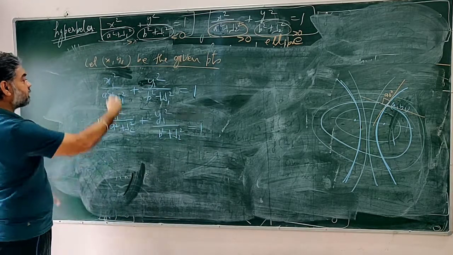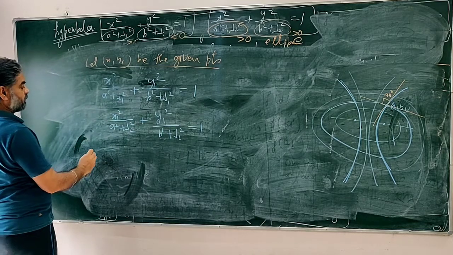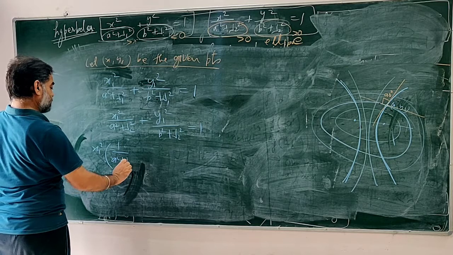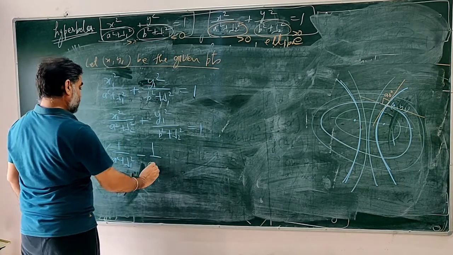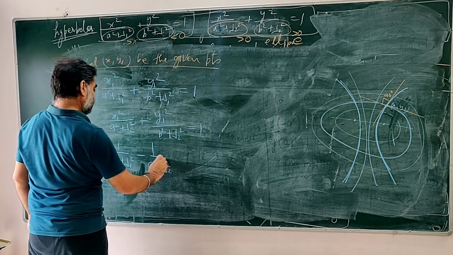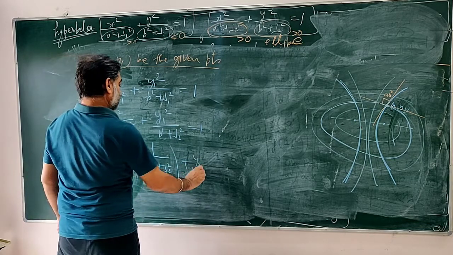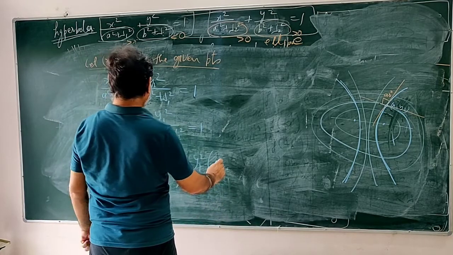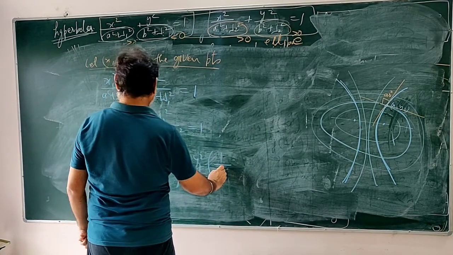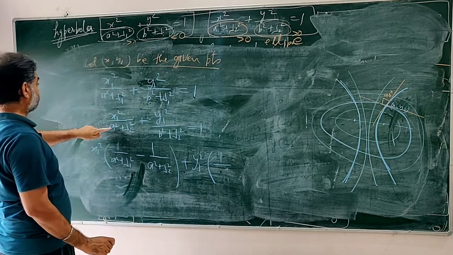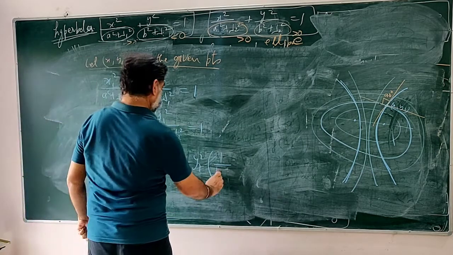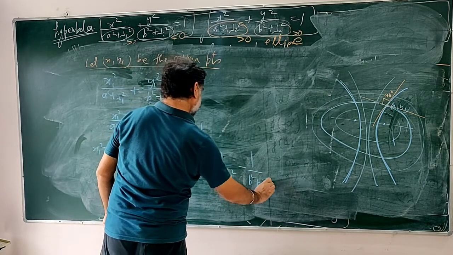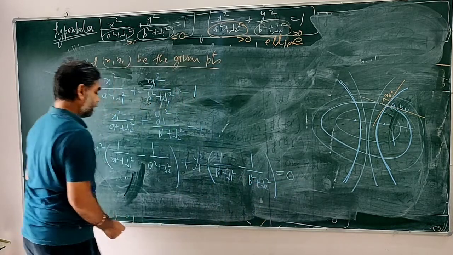If you subtract these, you get x1 square into 1 over a square plus lambda 1 minus 1 over a square plus lambda 2, plus y1 square into 1 over b square plus lambda 1 minus 1 over b square plus lambda 2, is equal to 0.